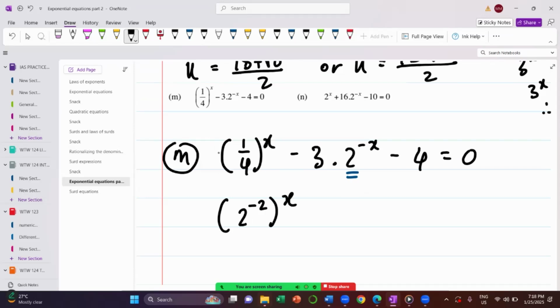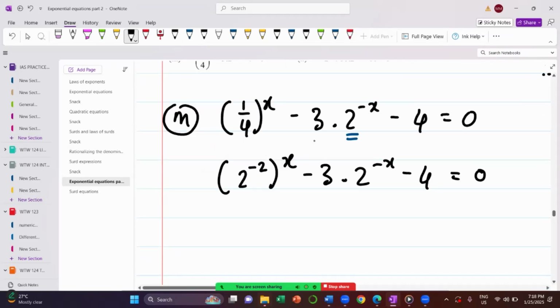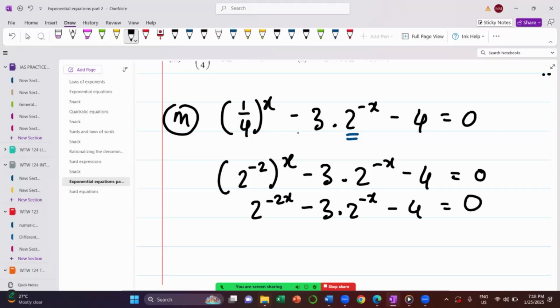All to the exponent of x minus 3 times 2 to the exponent of negative x minus 4, all equal to 0. Are you guys okay? Yes, sir. So here I'm going to have 2 to the exponent of negative 2x minus 3 times 2 to the exponent of negative x minus 4, all equal to 0.